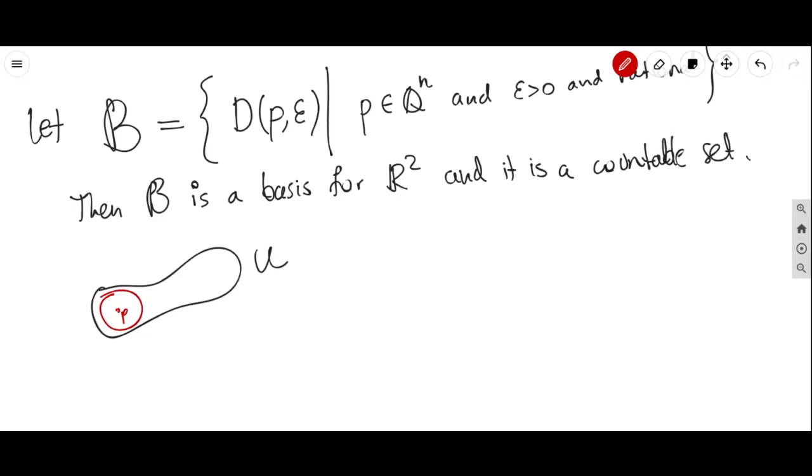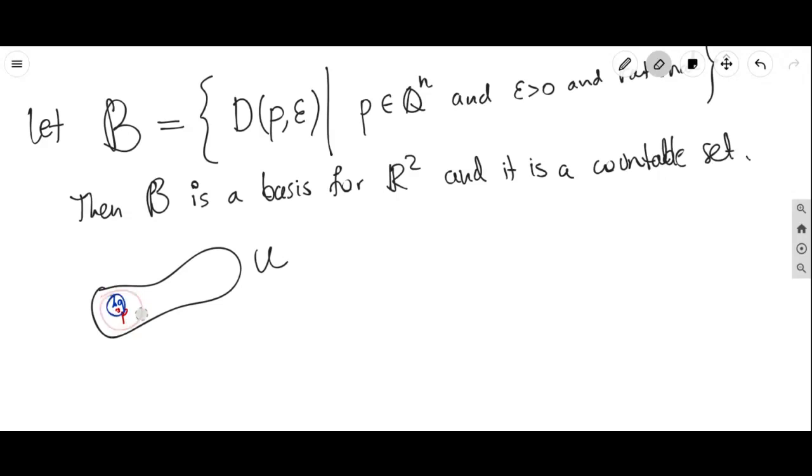If P itself is not a rational point, you can draw a rational point, let's call it Q, as close as you want to it, because the rational numbers are dense. Then you can draw a rational radius, small enough so that the disk will fit inside that disk, and it still contains the point.